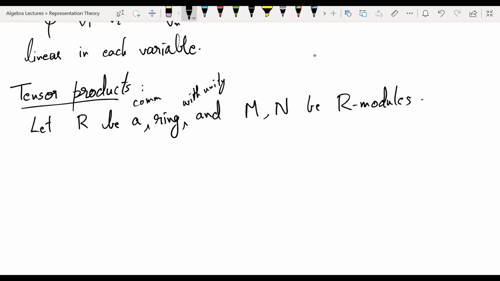Tensor product is defined in a somewhat weird way, using a universal property.